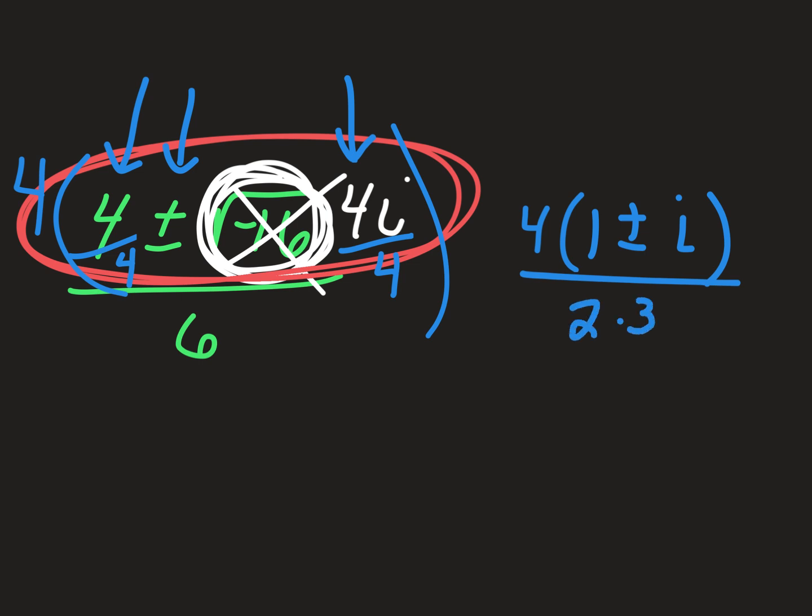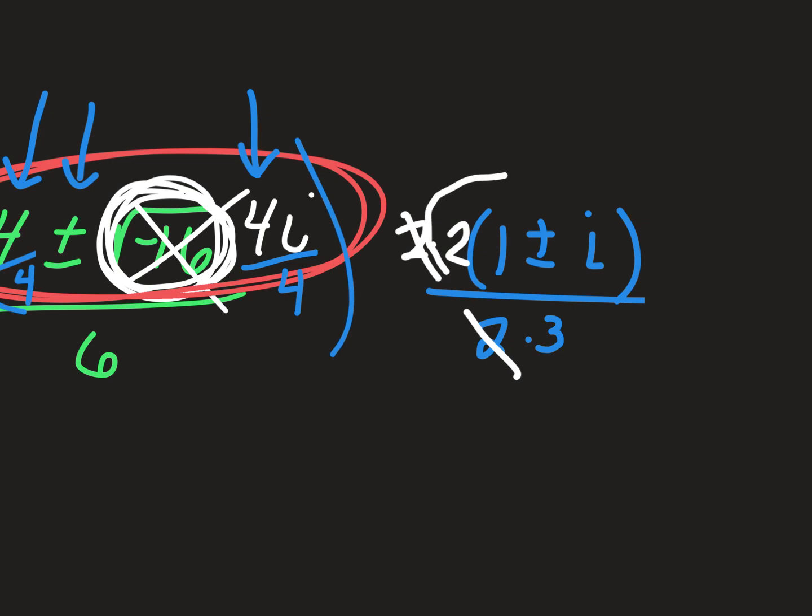And why is that handy? Because this 4 here could be factored again into 2 times 2. And then the 2's cancel. And you're left with that. That is as difficult as they can be. That's pretty tough.